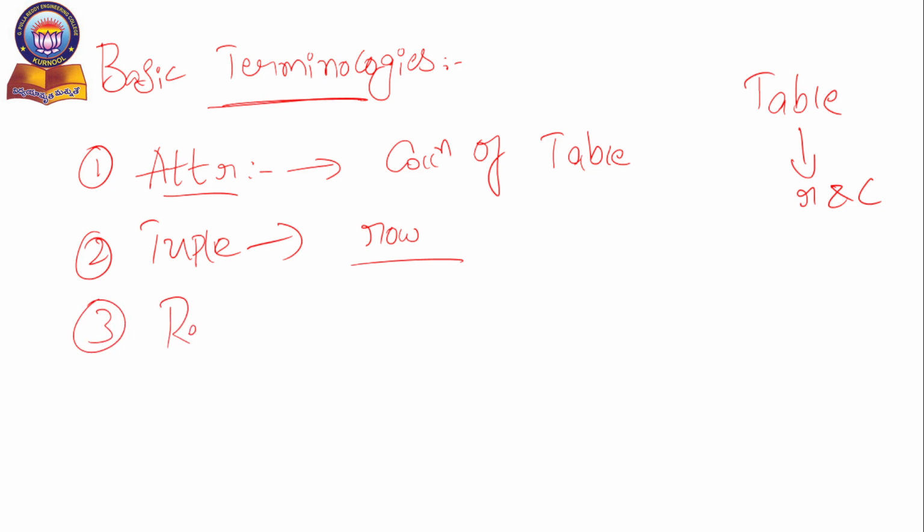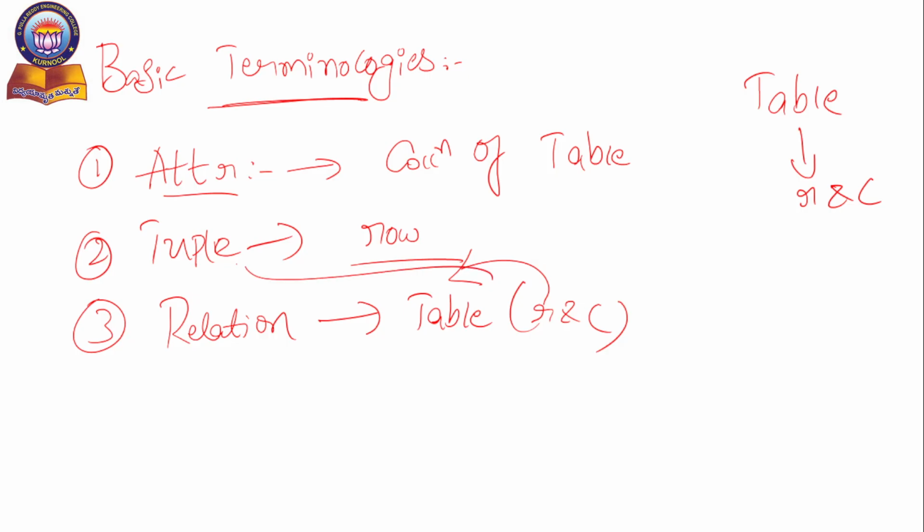Third one, relation. We already know a relation is nothing but a table. A table contains rows and columns, and rows are called tuples in the relational model. Fourth one, relation schema. A relation schema represents the relation name with its attributes.